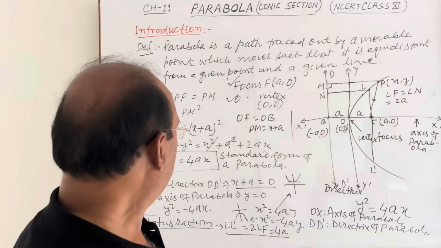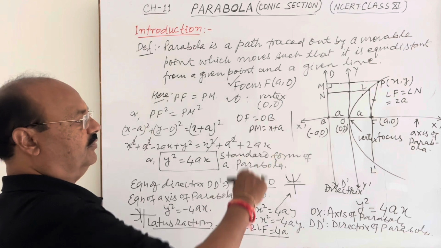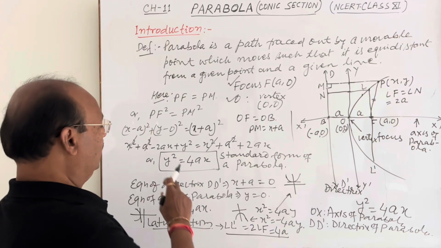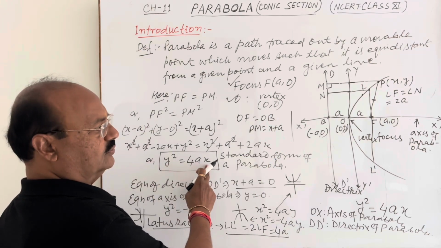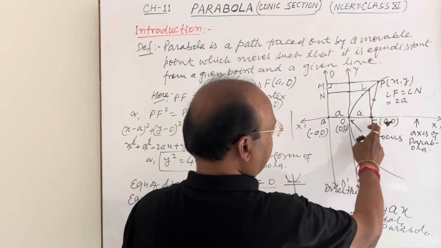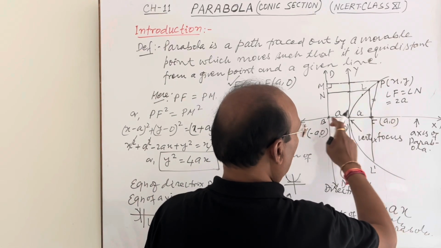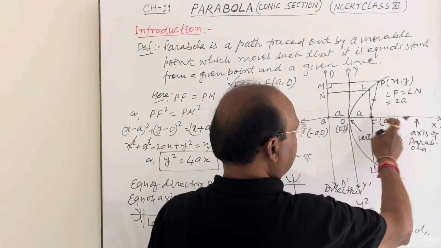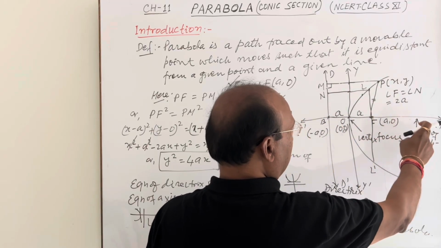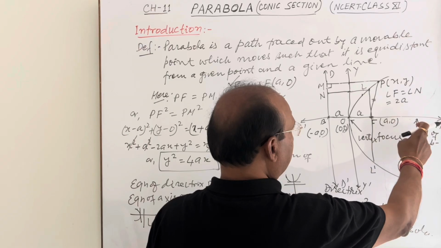Now this is clear that the standard form or standard equation of the parabola is y square is equal to 4ax. This is the focus; the coordinates of the focus is (a, 0). The x-axis is the axis of the parabola; its equation is y = 0.